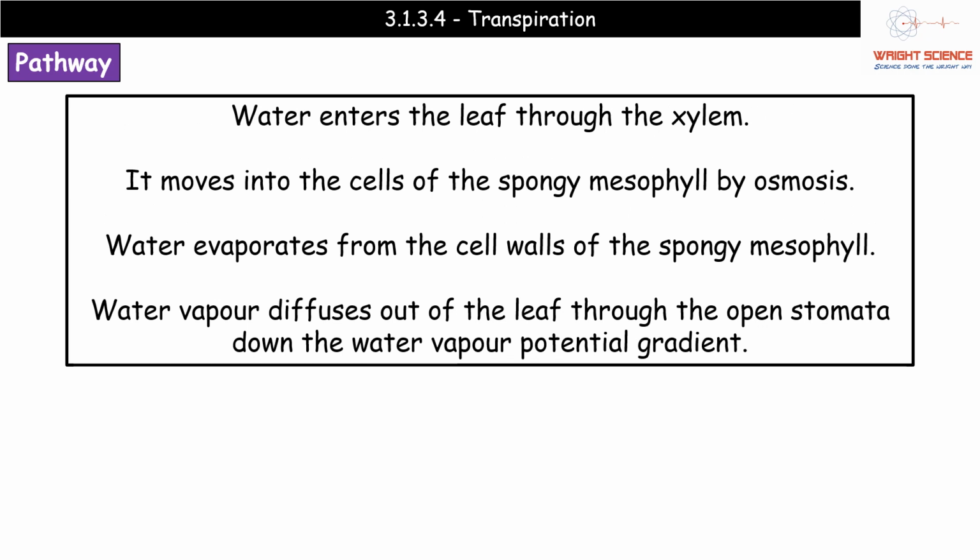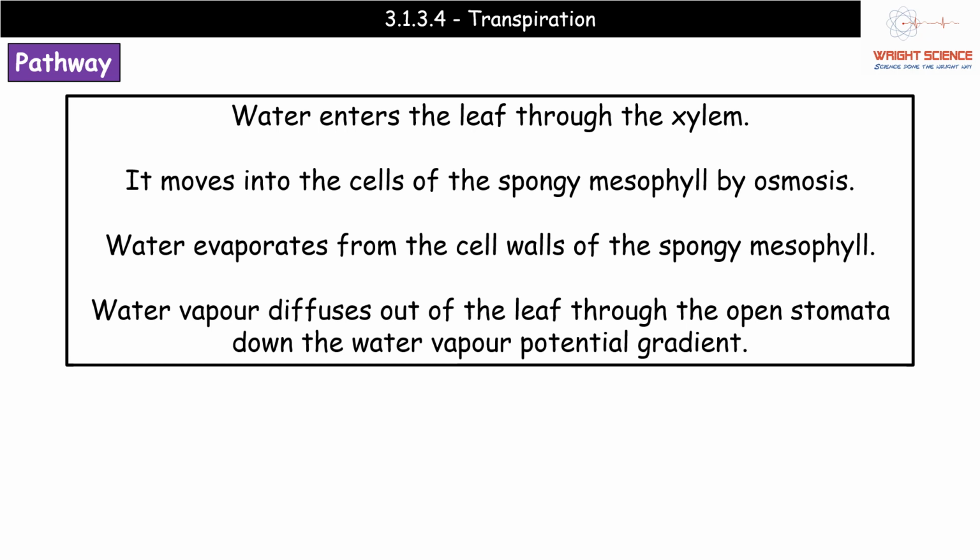If we now think about how we're getting this water to the leaf, as we've said previously, then it obviously enters at the roots and then travels up through the xylem. So remember, water in xylem. So it's going to go all the way up the xylem to the leaf.